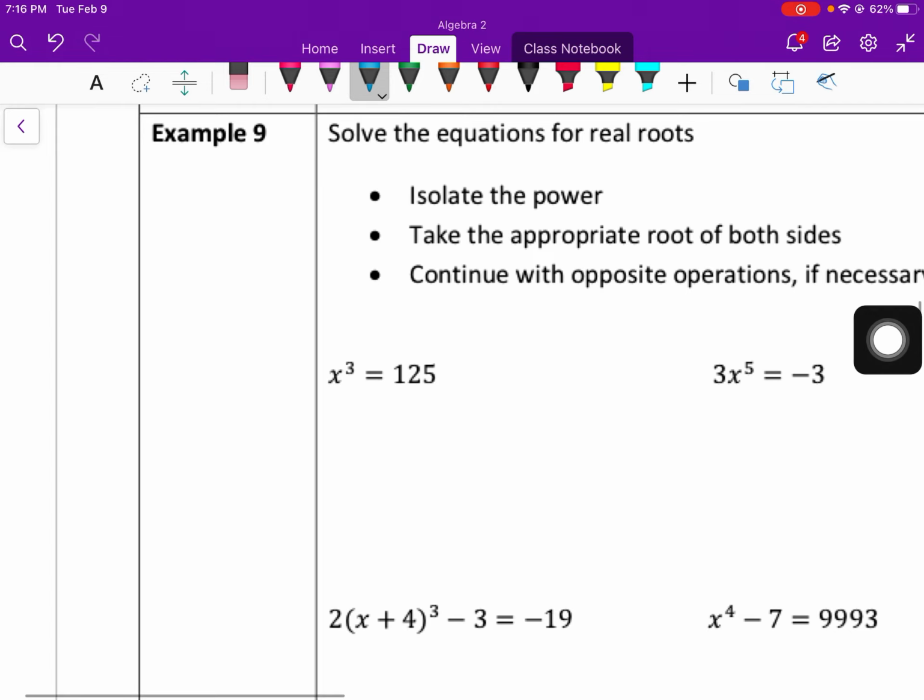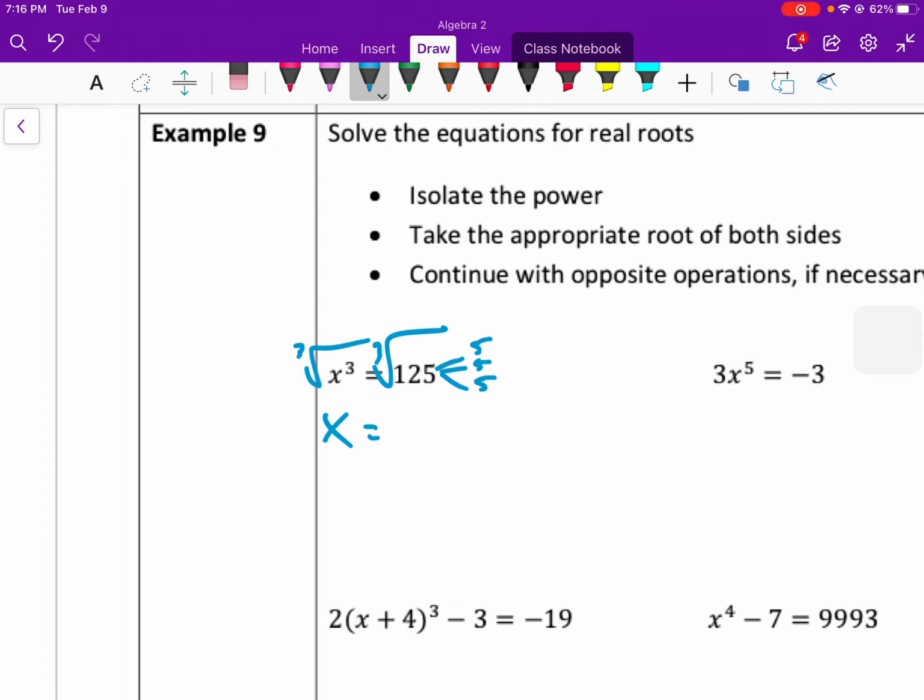So in this case, it's x cubed. So we want to isolate x by itself. So to do the reverse, we're going to take the cubed root. So then what we're left with is x equals, well, the cubed root of 125 is going to be 3 factors of 5. So then we have 3 here, so x equals 5.